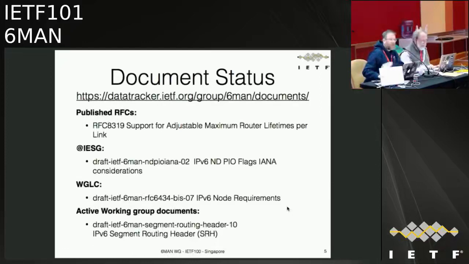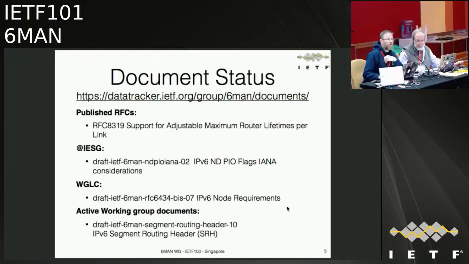Okay, so let's quickly go through the document status. Since the last meeting, we published one RFC, 8319, on the maximum router lifetimes in RAs. We have one document at the IESG, which is the IANA options for DNS flags field. I think that's on the telechat in the beginning of April.